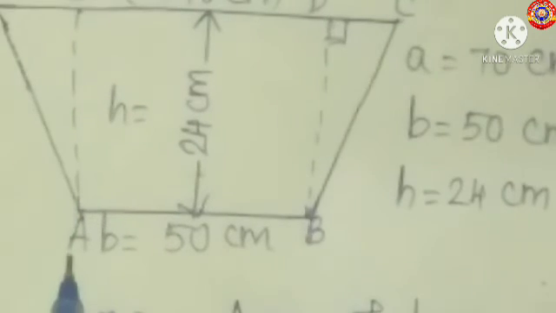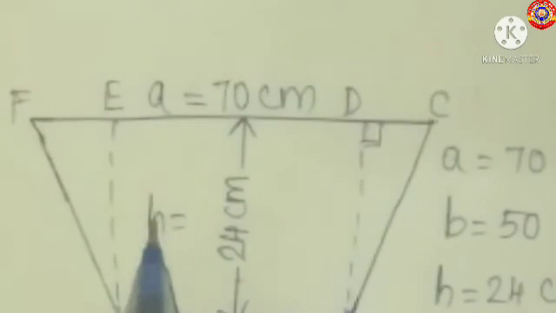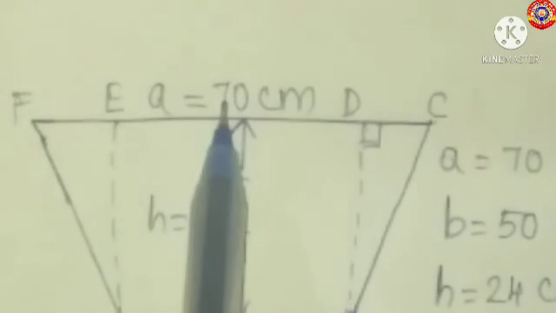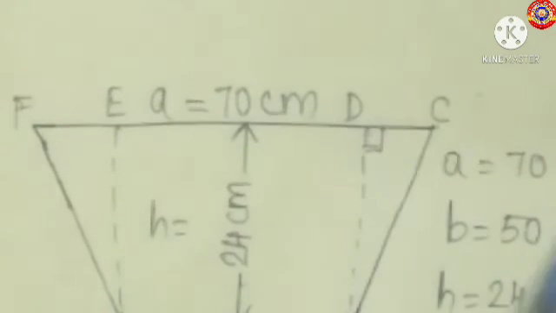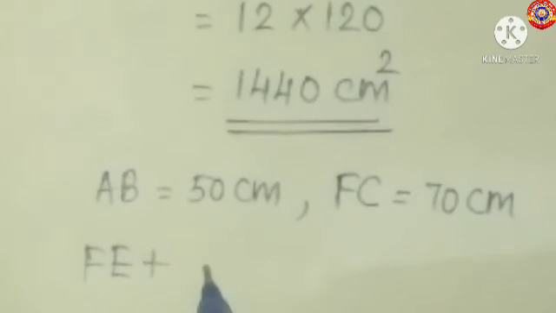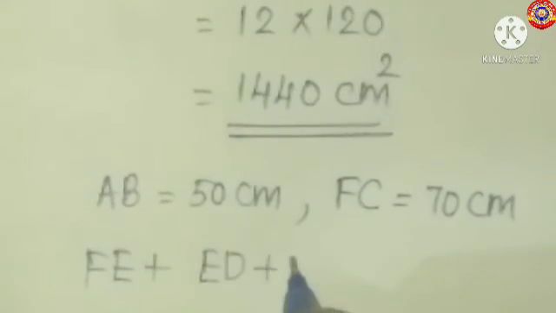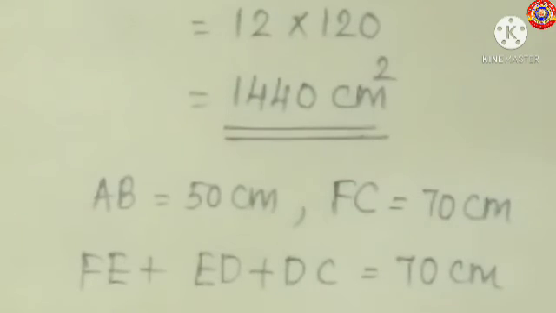Look at the figure once more. AB is 50 centimeter and FC, the total length is 70 centimeter. We know that FE plus ED plus DC gives FC. So, FE plus ED plus DC is equal to 70 centimeter.